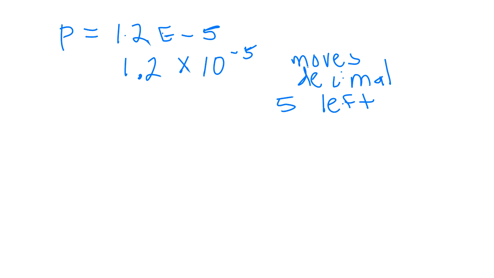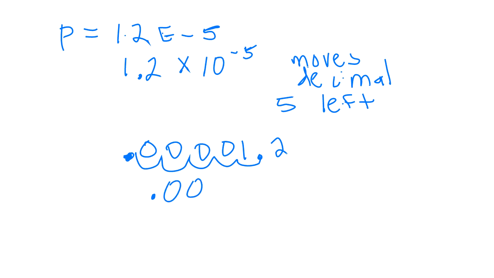So I have 1.2, 1, 2, 3, 4, 5. And then you fill in your zeros. So there'll be 4 zeros. So this is 0.000012, and that's our P, and that is less than 0.05, which is our alpha.